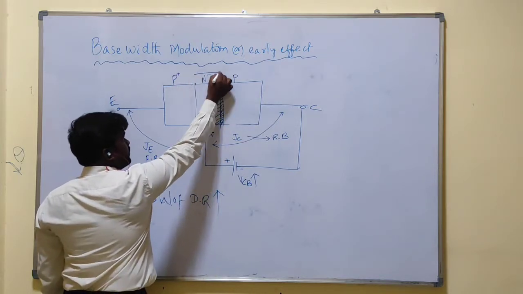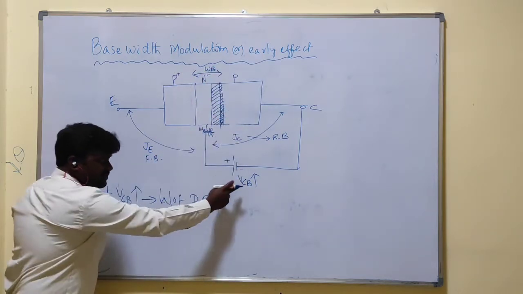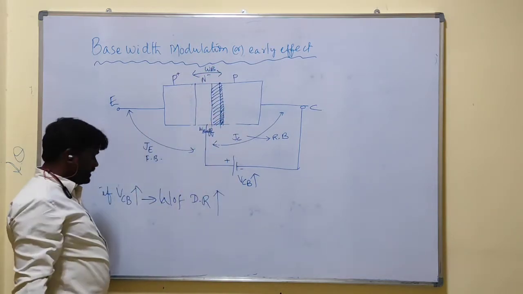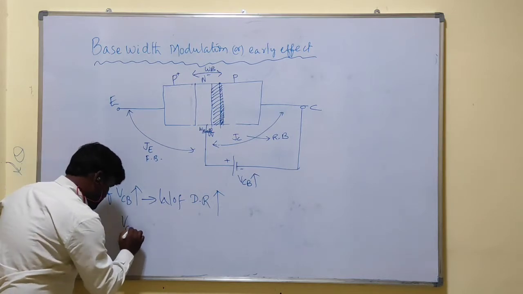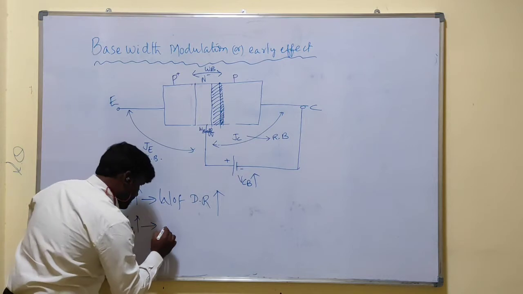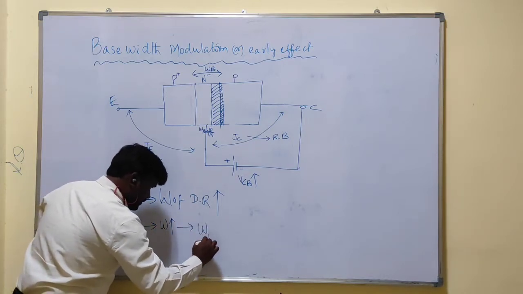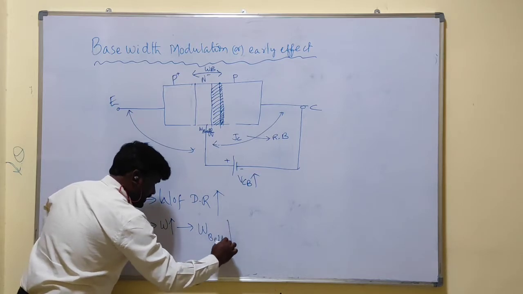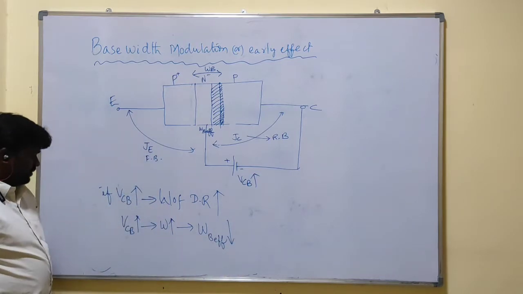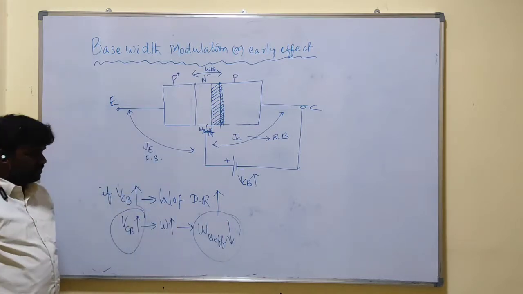Means if VCB increases, the depletion region width increases, and it leads to effective base width decreasing. By changing this VCB, we can change the effective base width.